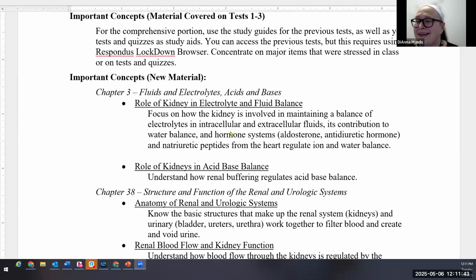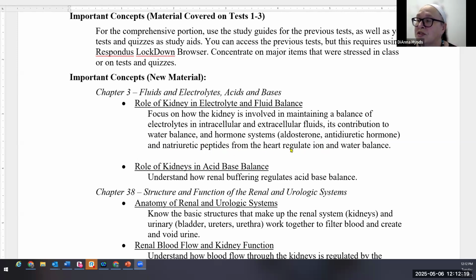Just know how the kidney functions normally to help maintain a balance of electrolytes in both intracellular and extracellular fluids. So know basically how it works, and how it helps to keep your hydration balance. It helps with water balance in the production of urine, to get rid of excess electrolytes and excess water. And then how hormone systems affect kidney function, right?